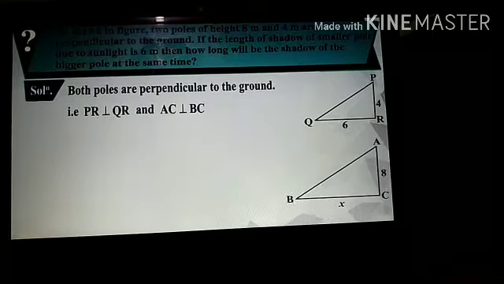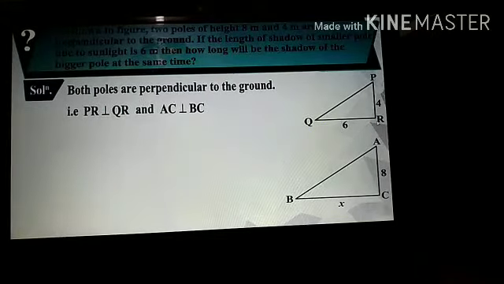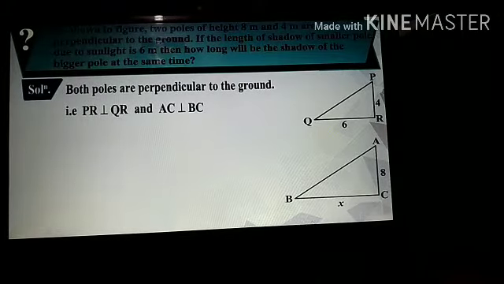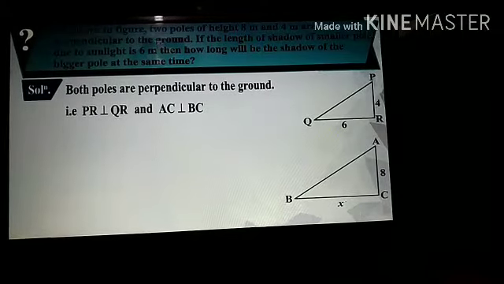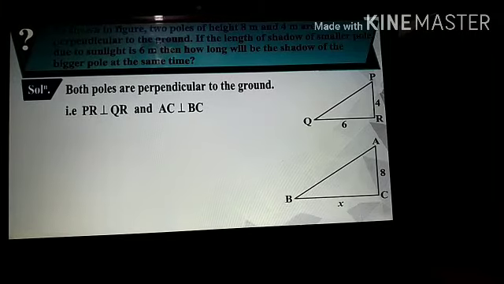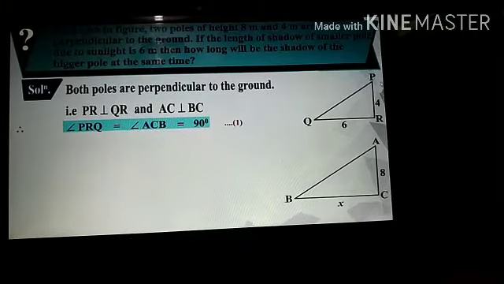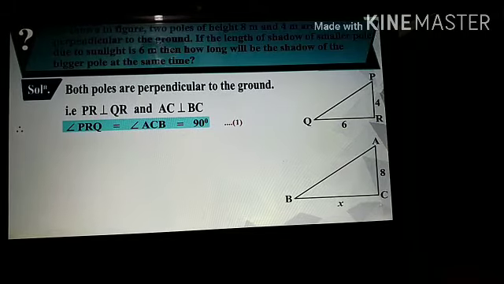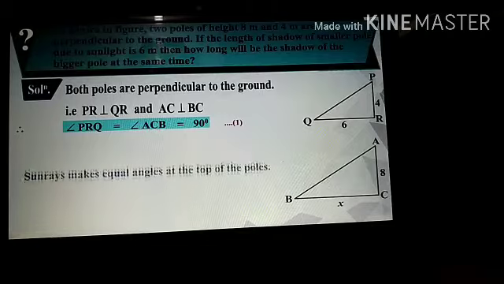So we'll write PR is perpendicular to QR, AC is perpendicular to BC. That means both the poles are at an angle of 90 degrees with the ground. So I can say angle PRQ is equal to angle ACB is equal to 90 degrees.